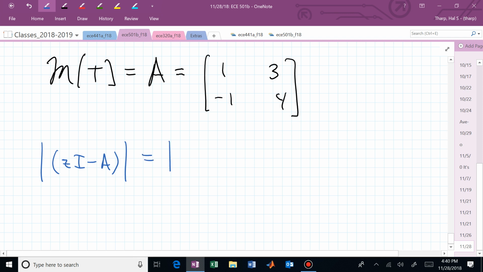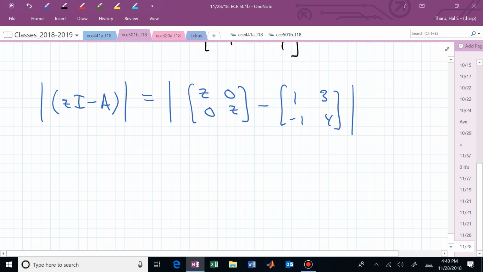This is the determinant of z scaling the identity matrix in a 2 by 2 space minus A, and those have to be compatible to be algebraically combined, which they are if I'm subtracting one from the other.